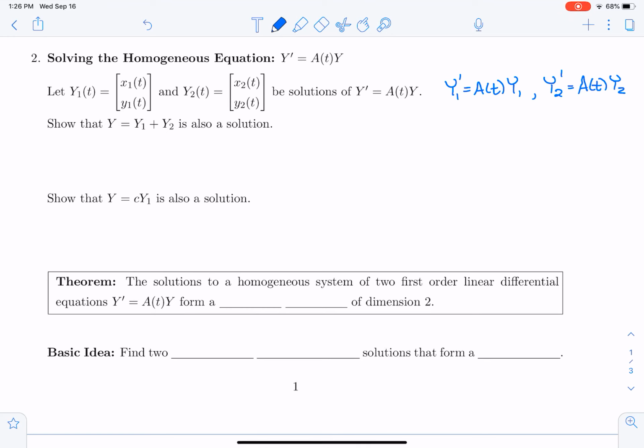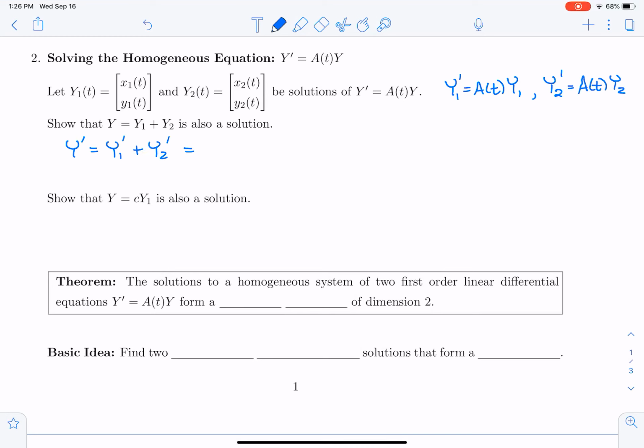Okay, well, is the sum of two solutions a solution? Just like when we were dealing with second order differential equations, is the sum of two solutions actually a solution? Well, let's see. Y prime would be the sum of Y1 prime plus Y2 prime.